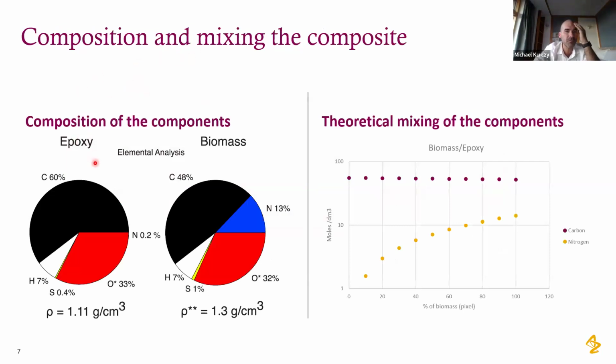We figured out that the epoxy was mostly carbon, obviously, but it didn't have a lot of nitrogen. And if we looked at what the cell brought, there was quite a bit of nitrogen, but we noticed that the densities were quite different. So then we modeled how much carbon would be displaced, because that would obviously affect our normalization.